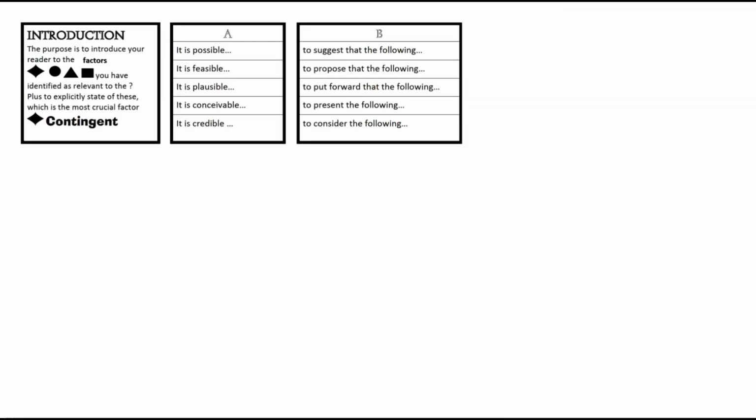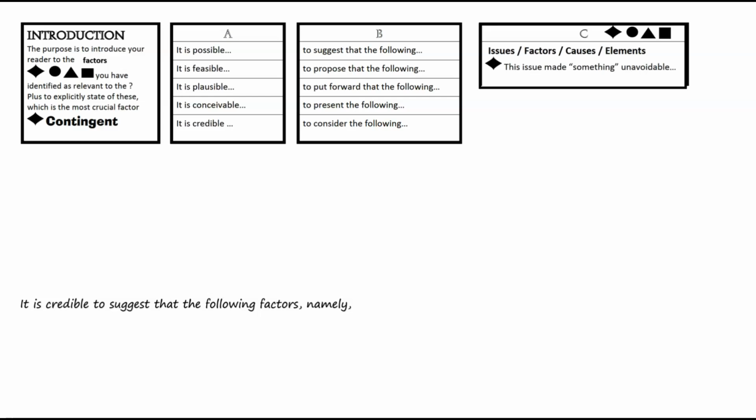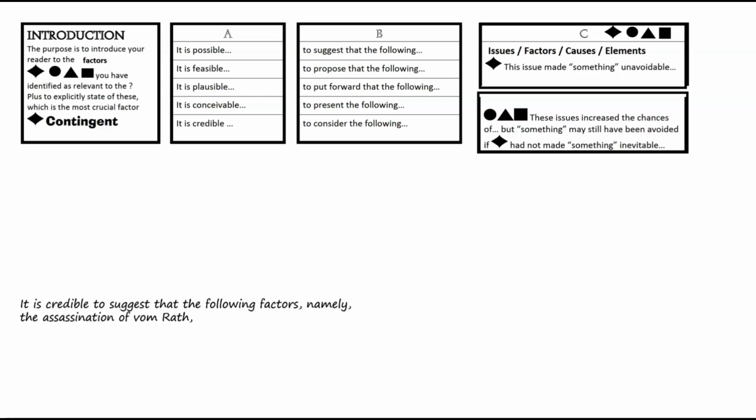And then we've got the introduction, and I actually have given them some ways of opening up that introduction. So I've taken "it is credible", then from column B to suggest that the following factors, namely, now remember our diamond shape, is: this issue made the Kristallnacht unavoidable. And we decided that was the assassination of von Rath.